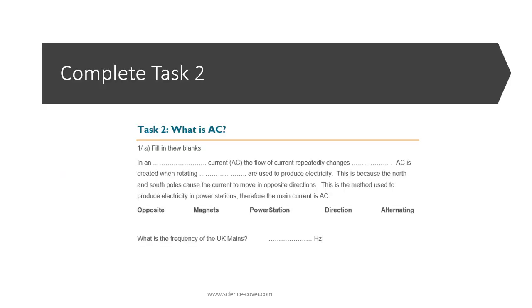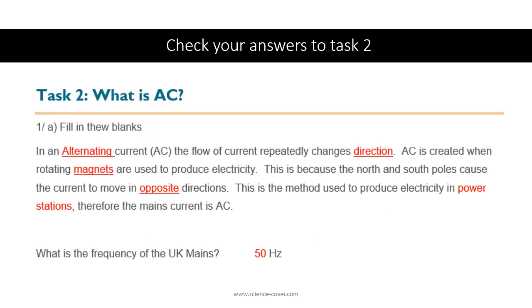Now pause the video and complete task 2. Let's check our answers to task 2. First we have to fill in the blanks. In an alternating current, the flow of current repeatedly changes direction.